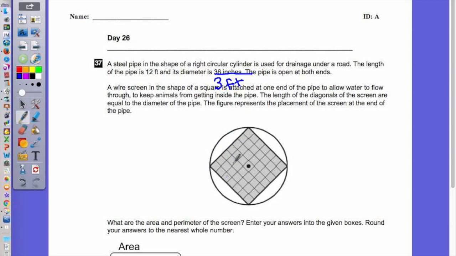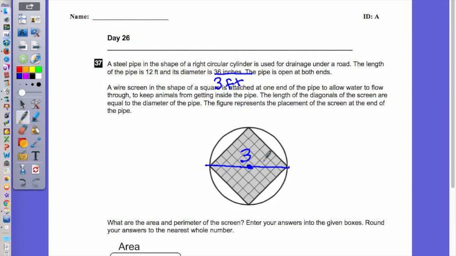So the water can still go through, but the animals aren't big enough to get in there. Okay, so if the diameter, that's the diameter, right? And that's 3, correct? What is the area and the perimeter of the screen?